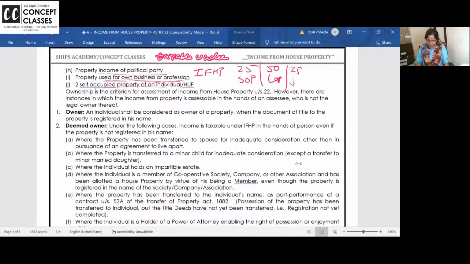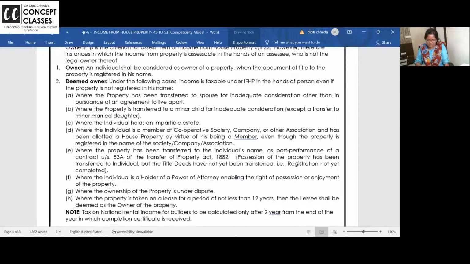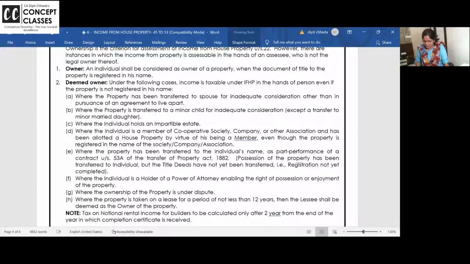Okay? Right. Now there's a concept of owner and deemed owner. This I want to explain in a different way because we have already done what is diversion of income and all. Listen. Owner of the property, the one in whose name the property is. Now deemed owner, one case I am telling you. I am the legal owner of the property. You are the tenant, dear students.